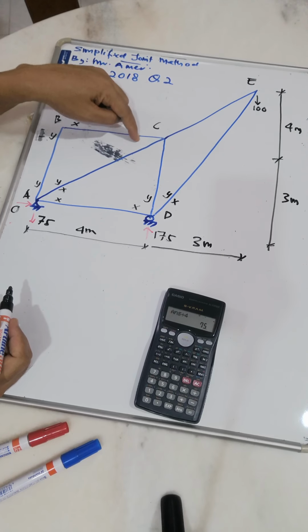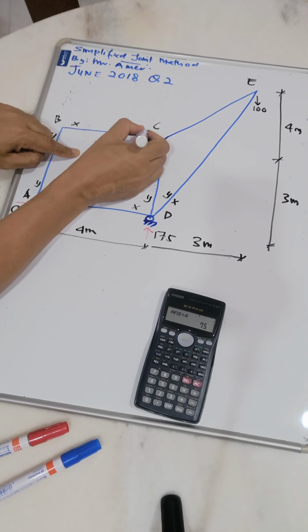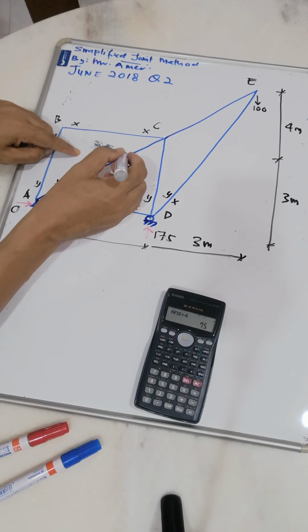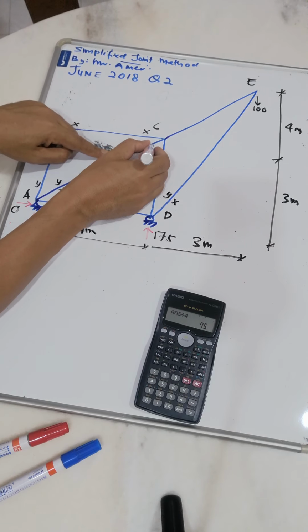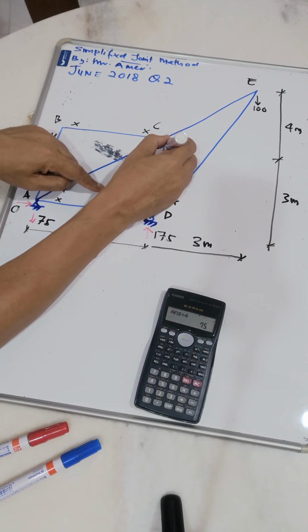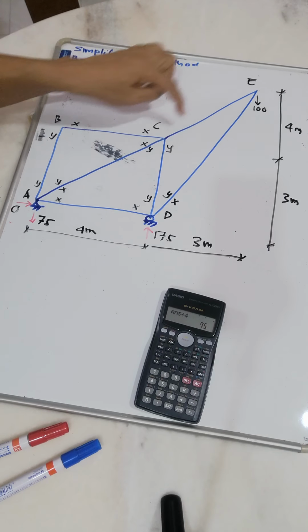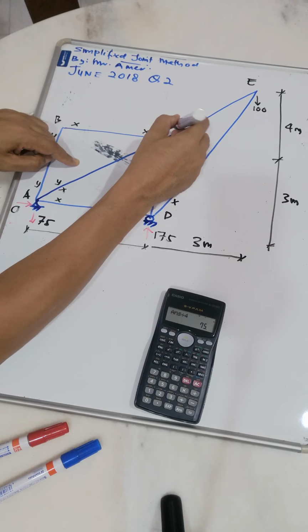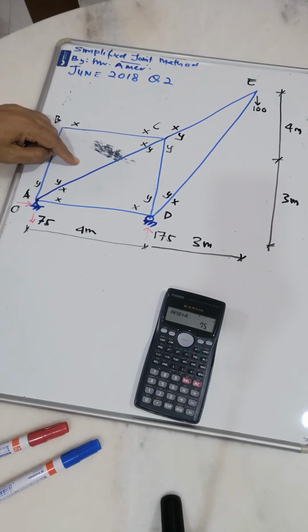At C there are 4 members: X for CB; CA is inclined, so it has X and Y unknown; CD is a vertical member, so it has an unknown in Y; and CE is inclined, so it has X and Y unknown.